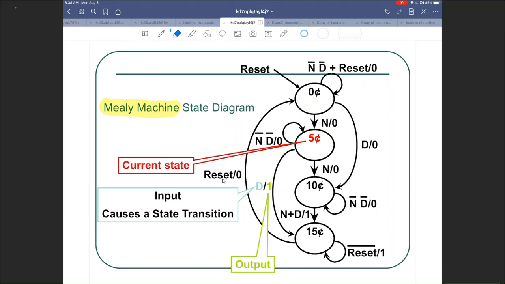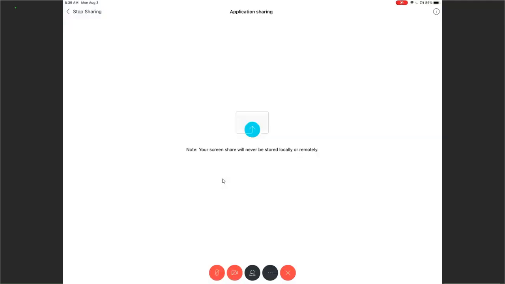So you see where the outputs are right now. The outputs are over here, here, here, here, here. So the outputs are now on the arc. They are on the transition that has caused the change.